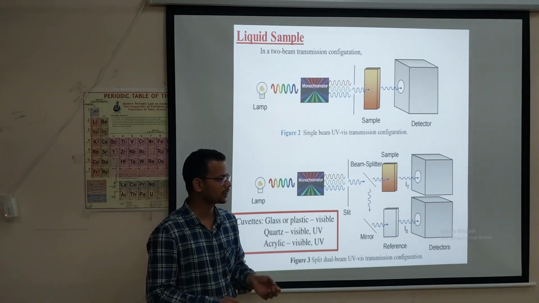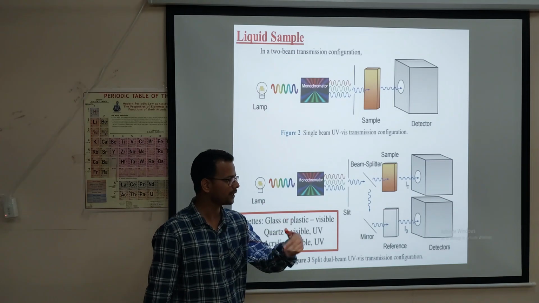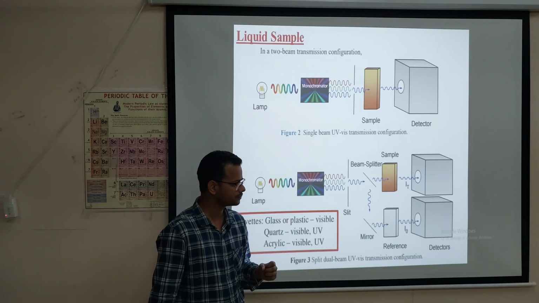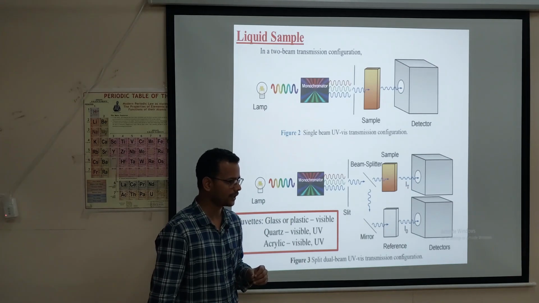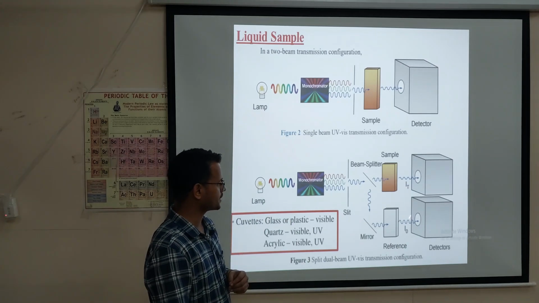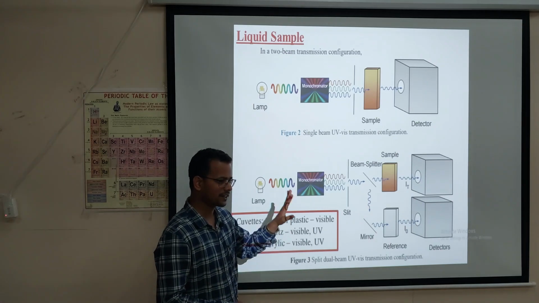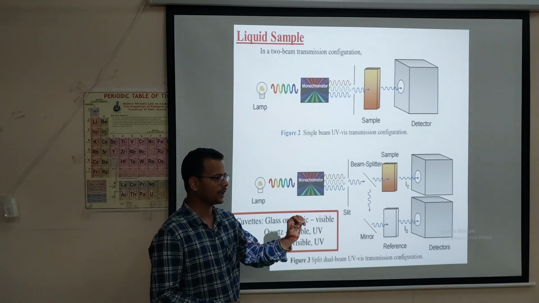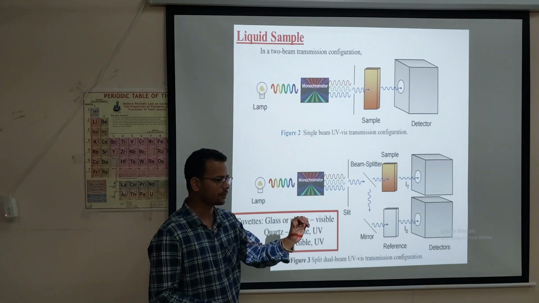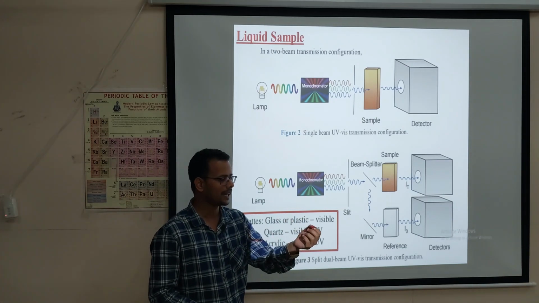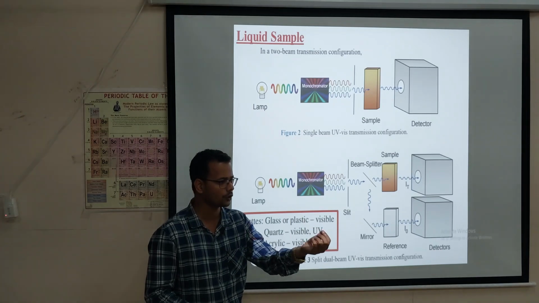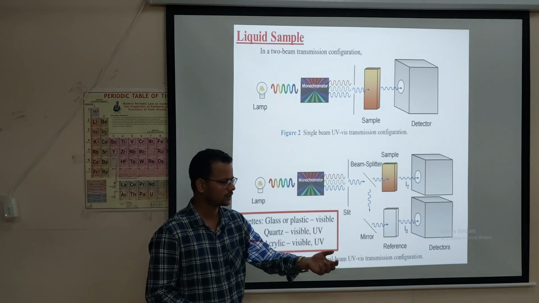And this is used to get the quantitative result. I will tell you in the next slide. There is also a reference, I will tell you. So this is for the liquid sample. By this process we can calculate the quantitative measurement, meaning how much solute. I have already given you an example. If I increase the concentration of solute, then it will absorb more light.